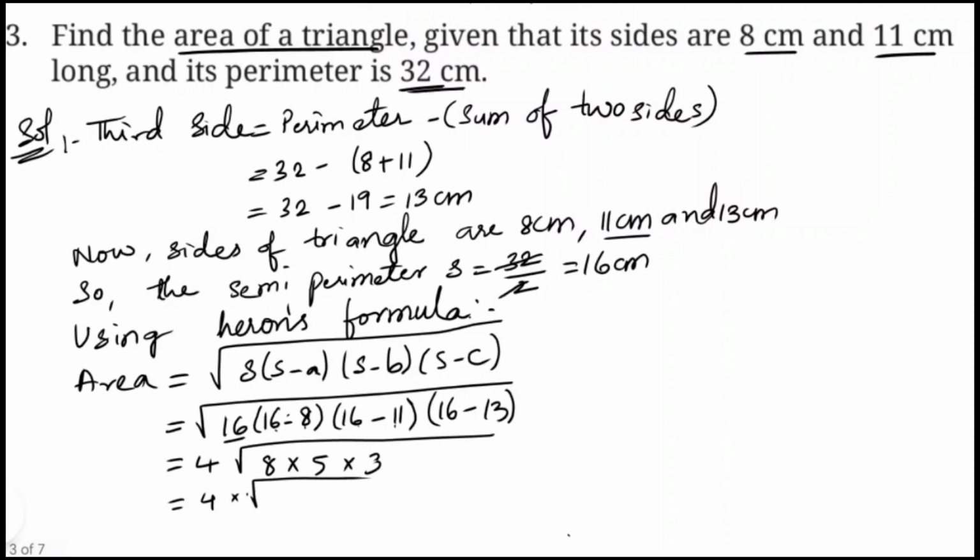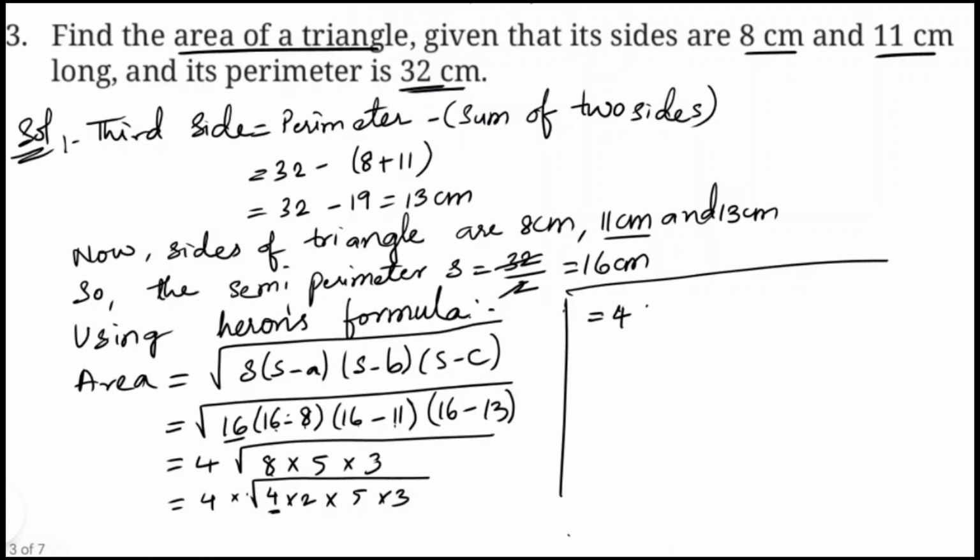Here again what we can do, for 8 we can do one thing, 4 into 2 into 5 into 3. Okay, so for this 4 we can take out square root of the 4, that is 2. So we get 4 into 2, the root of 2 5s are 10 into 3.